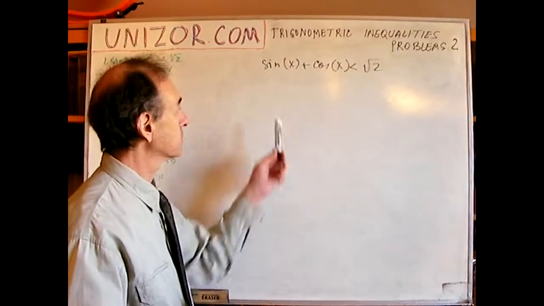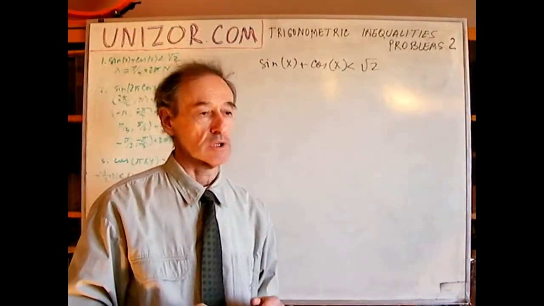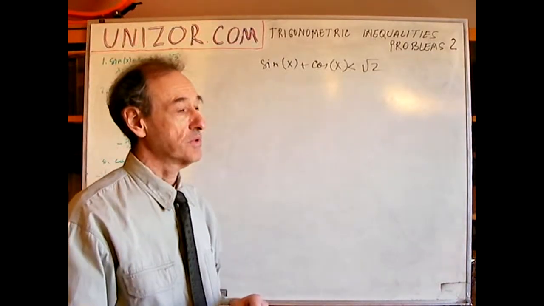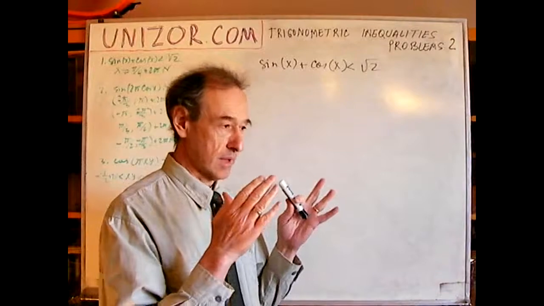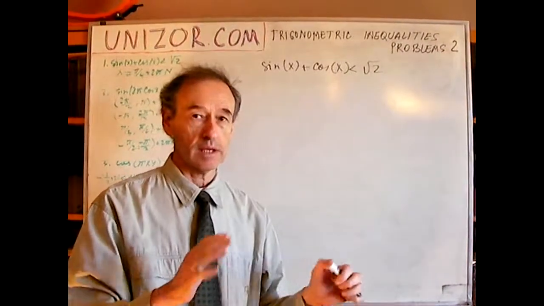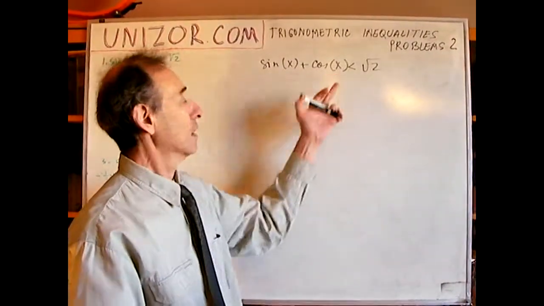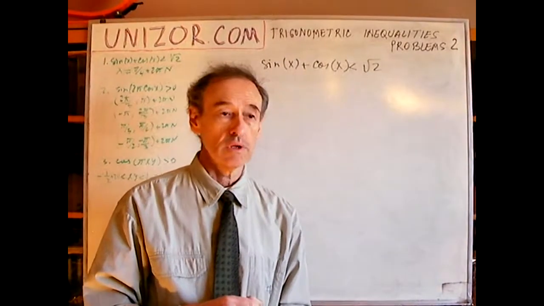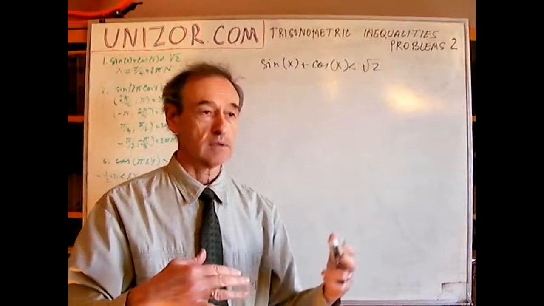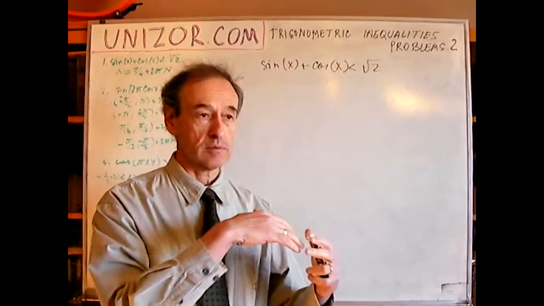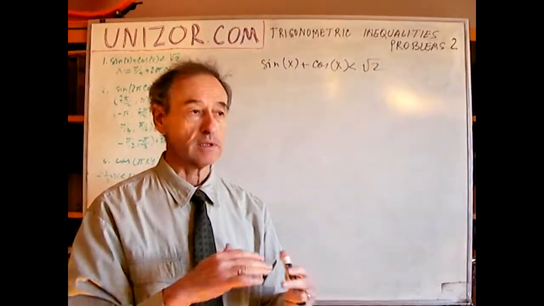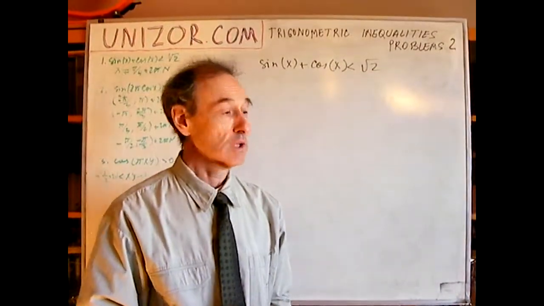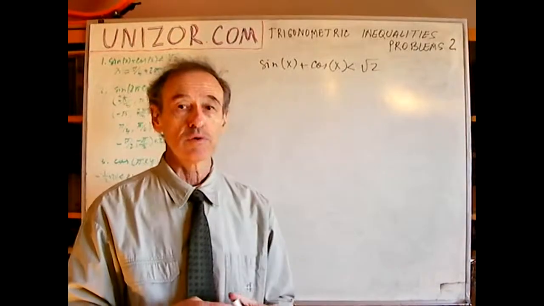Before solving anything without any thinking, you can just draw a graph of sine of x plus cosine of x, get some curve, and try to resolve the equation when this is equal to square root of 2.